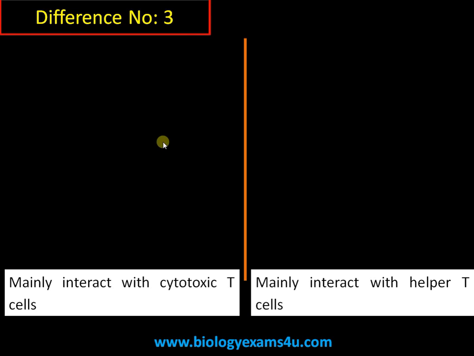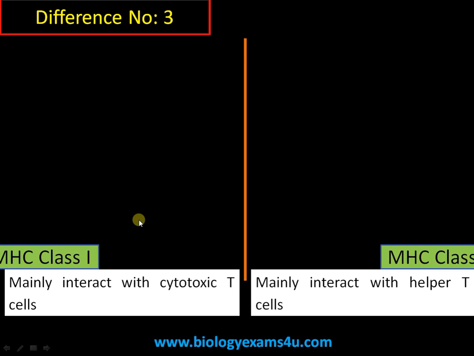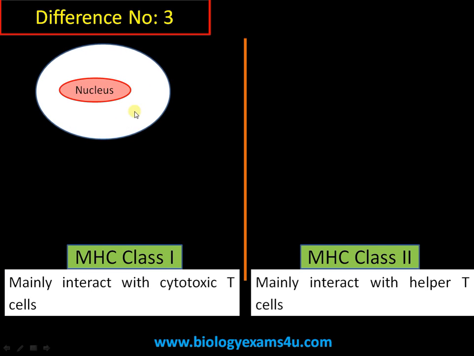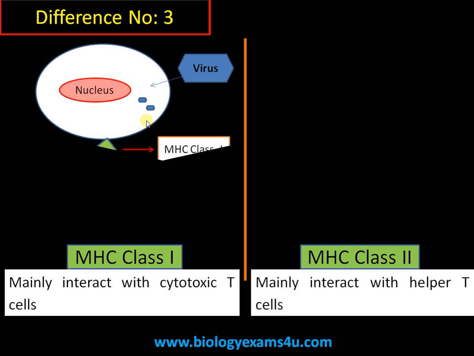Difference number 3. This is regarding the interaction of MHCs with other immune cells. MHC class 1 interacts mainly with cytotoxic T cells that are responsible for cell-mediated immunity. As we mentioned, MHC class 1 is present on nucleated cells. Suppose this is a virus. Once inside the cell, the virus is degraded into antigenic peptides.